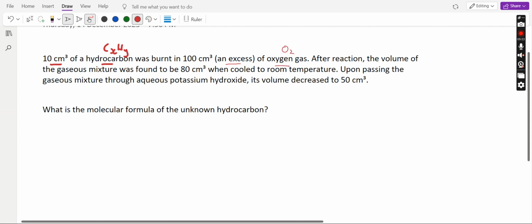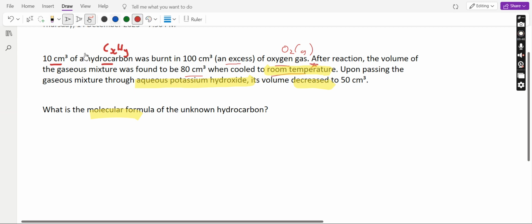After reaction, the volume of the gaseous mixture is 80 cm cubed when cooled to room temperature, which is important. Maybe I should use my highlighter instead. Upon passing the gaseous mixture through aqueous alkali, the volume decreases. What is the molecular formula of the unknown hydrocarbon?